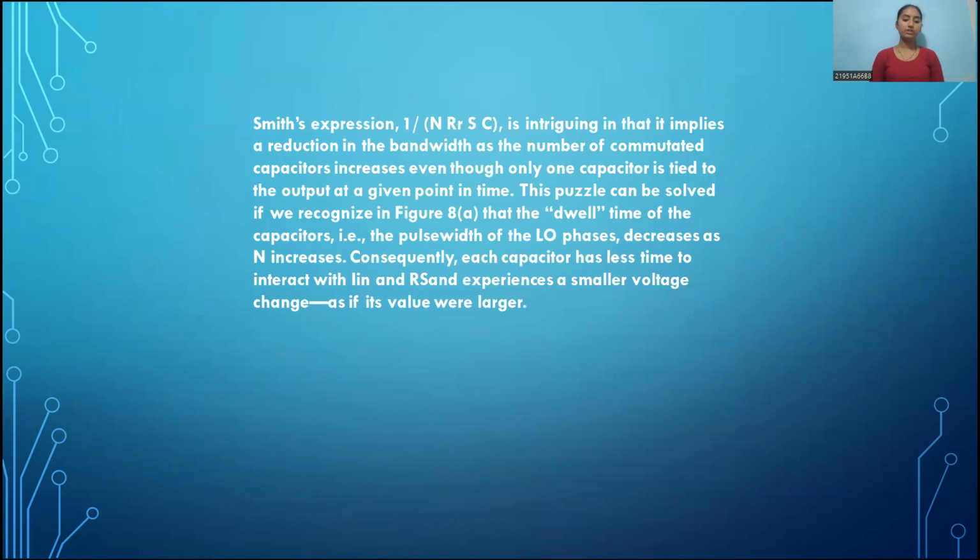The expression 1 by N R C is puzzling in that it implies a reduction in bandwidth as the number of commutated capacitors increases, even though only one capacitor is tied to the output at a given point in time.